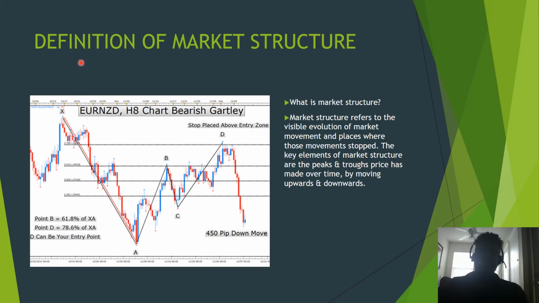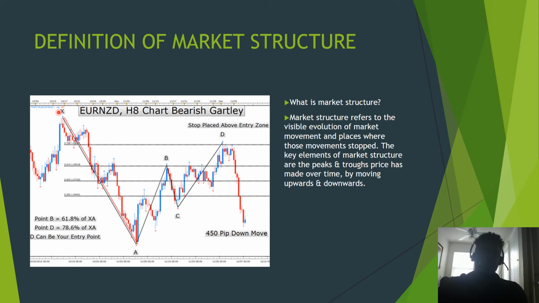And what is the definition of market structure? The definition of market structure, in my opinion, is referring to the evolution of market movement, where market movements, in a sense, on average, go up or down.